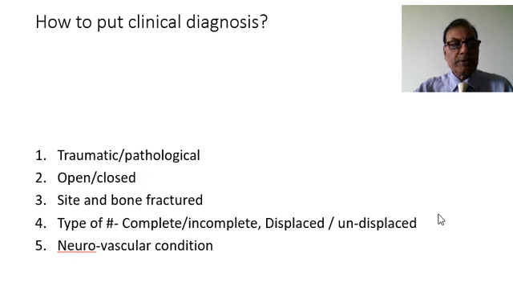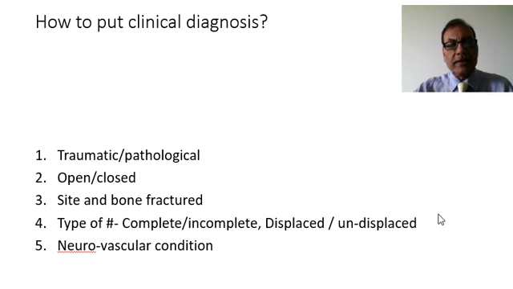How will you be putting the diagnosis? You must tell it is traumatic or pathological. You must also add whether it is closed or open. And then you have to talk about the site and the bone fractured, also the side of the bone fractured. So either in the upper third, middle third, lower third. Femur, right or left, has to be taken care of while you are describing.